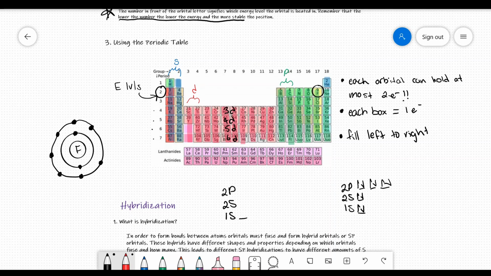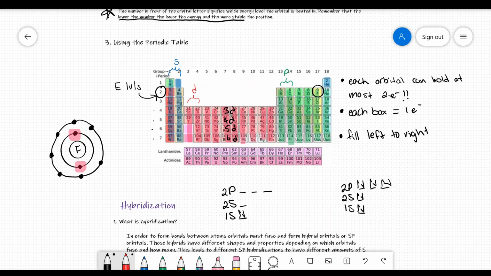So we're going to go ahead and draw our model. Remember, there's 3 p orbitals in every energy level. So now we're going to fill up. Remember that the 1s are going to be these 2 electrons on the inside right here. These 2 electrons represent the 1s orbital. So we're going to go ahead and fill those up.